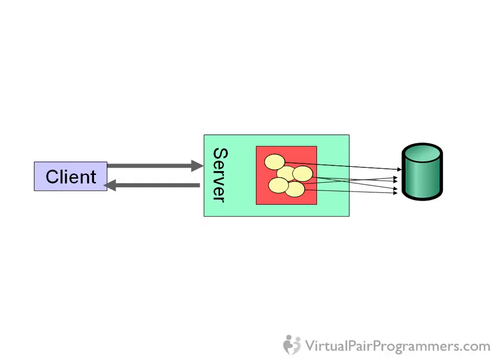Now, a connection pool is quite sophisticated because it has to be careful to make sure that only one client at a time can access any particular database connection, but that's one of the requirements that we have of connection pool software. Now, in the first few years of Java, a problem was that the only connection pools you could get were expensive commercial products that you could only buy from vendors.